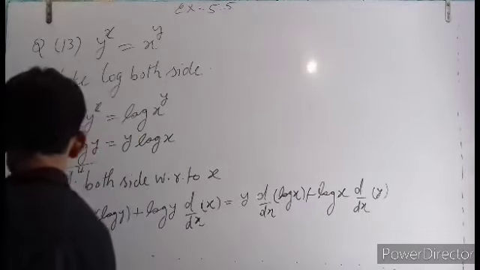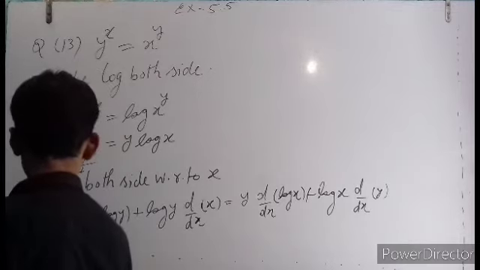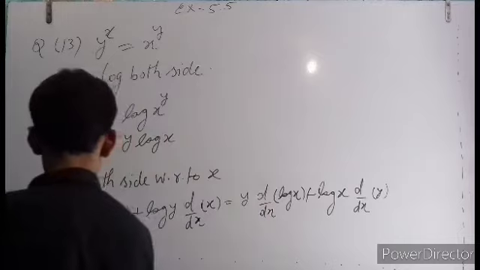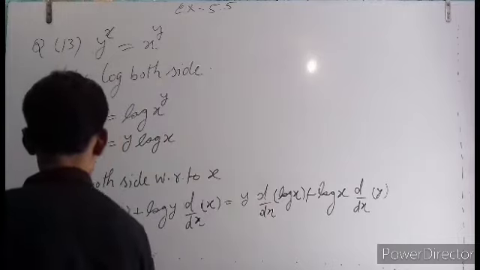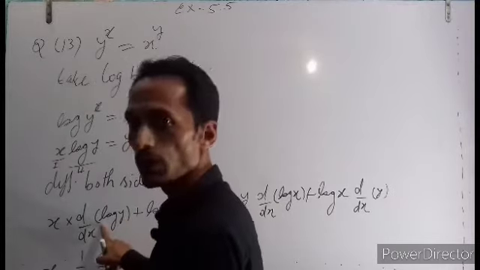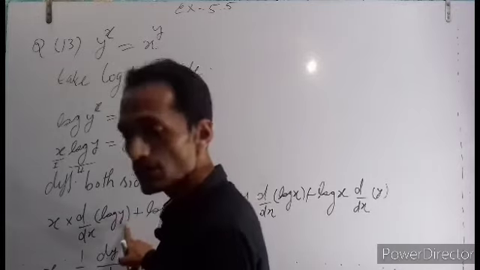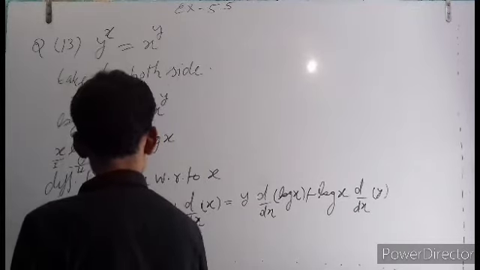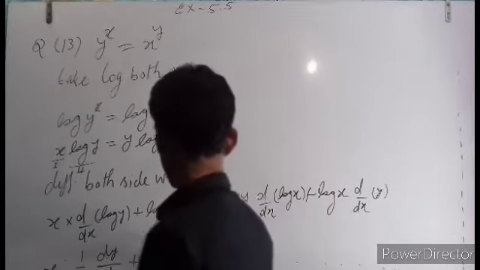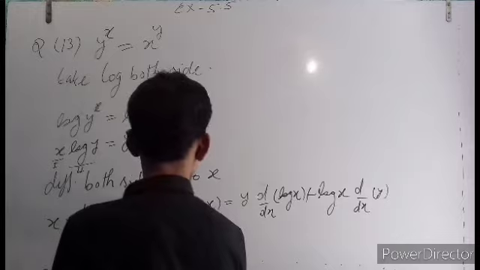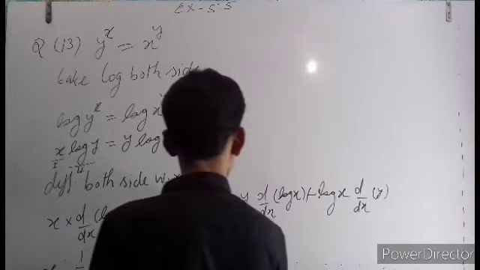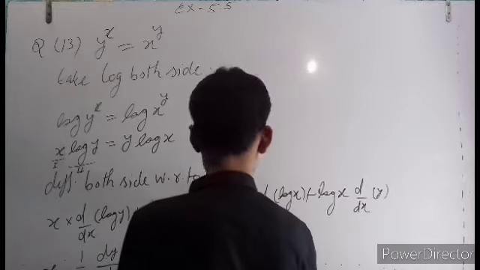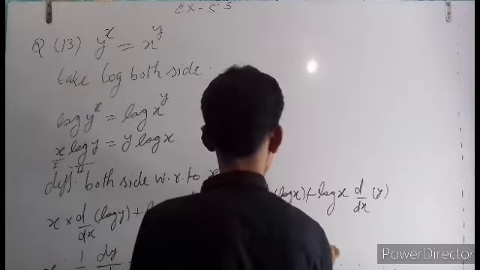First, x as it is, the differentiation of log y is 1 upon y, and y is another function, so we differentiate y with respect to x, dy by dx, plus log y d/dx of x with respect to x, that is 1 into 1, equal to, similarly on the RHS, y into 1 upon x plus log x into dy by dx.